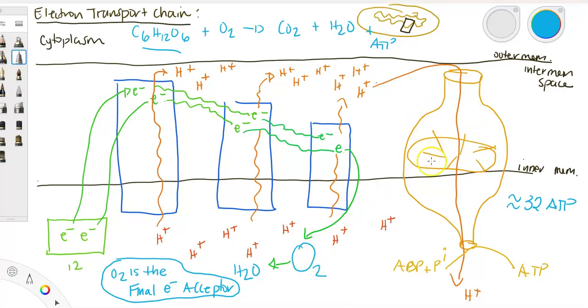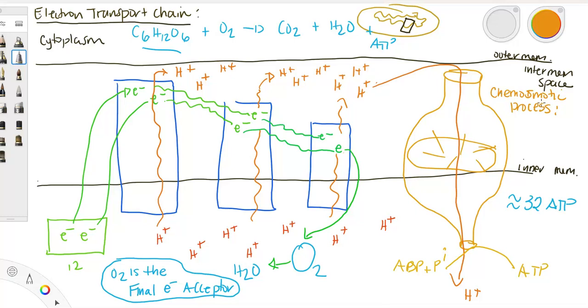This process here, where the hydrogen goes in here and creates ATP, that process is called the chemiosmotic process.